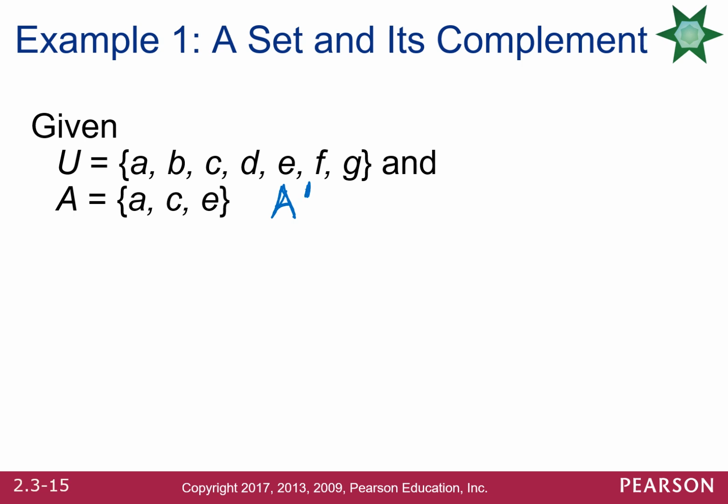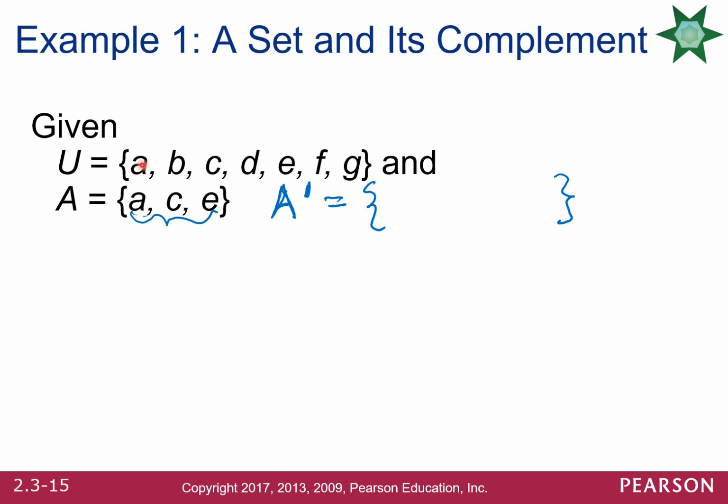The complement of A. So the complement would contain all the values of the set which are not in A. So we have to see which values in the universal set do not belong in set A. So this is A, which also exists in set A, so this is not a complement.